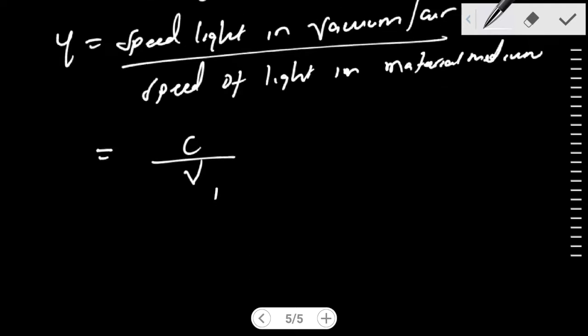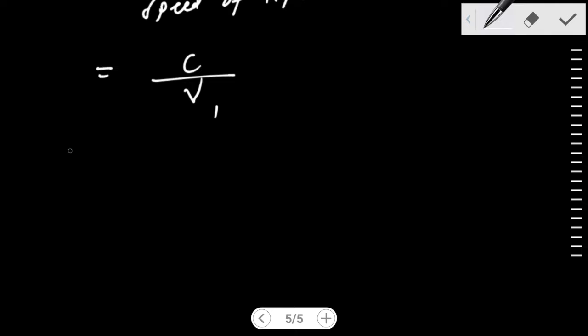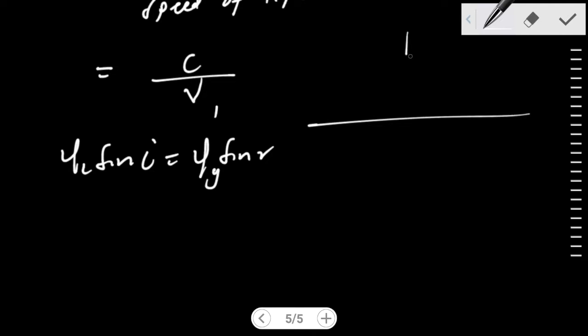So we know that if I have the refractive index of the liquid times sine of I, it equals the refractive index of the glass times sine of r, because I have this and this, so it is refracted. So this is r and this is I. I has been given.